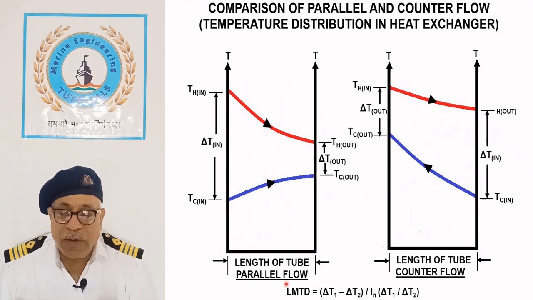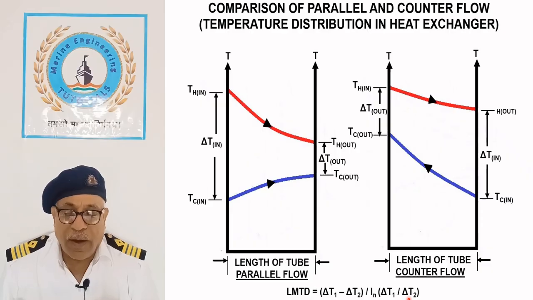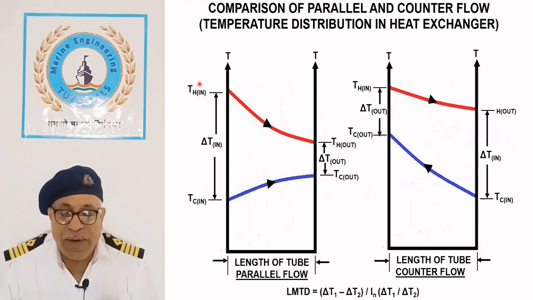The precise temperature difference between the two fluids across a heat exchanger is best represented by the log mean temperature difference, LMTD, which can be expressed by the equation LMTD is equal to delta T1 minus delta T2, divided by the natural log of delta T1 divided by delta T2, where delta T1 is the larger temperature difference between the two fluids, either at inlet or outlet.